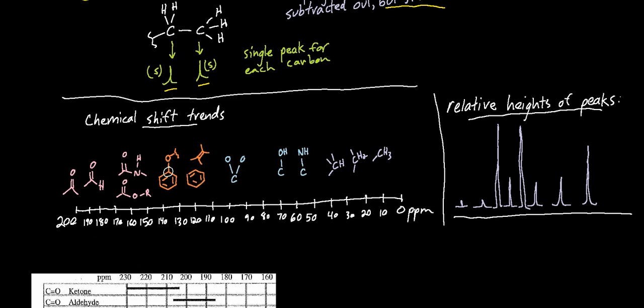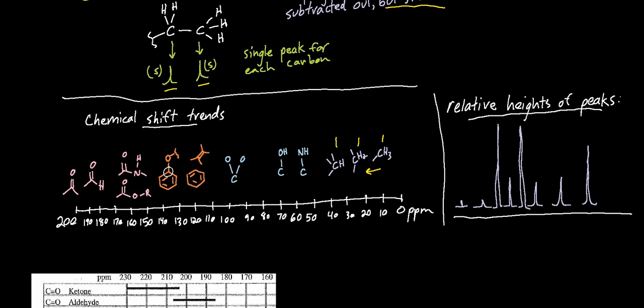General chemical shift trends in carbon NMR, they're very similar to the proton NMR trends. One thing is that methyls progressing to methylenes and methynes, useful terms for those, you see a progressively de-shielding effect.